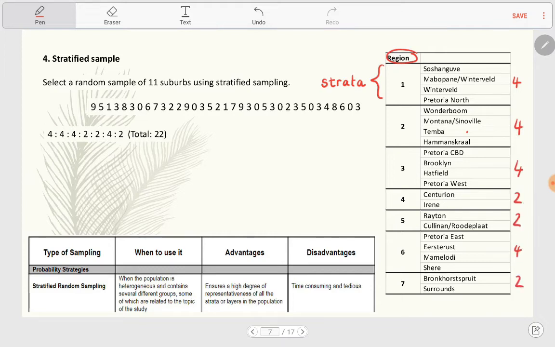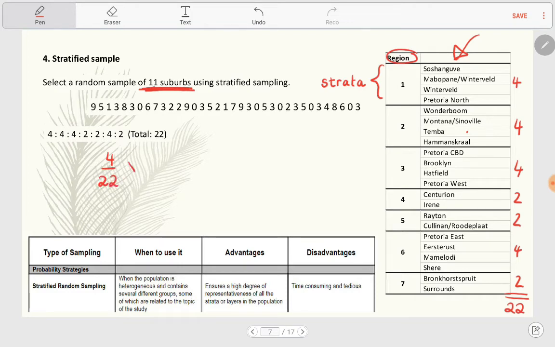And now what I want is, let's say, a sample of 11. And I know altogether these are 22. I did tweak the table a little bit, so now they're 22 instead of 24, but don't worry about that. It's just for the purposes of the example. So out of these 22, 4 of them come out of region 1, right? 4 out of 22.